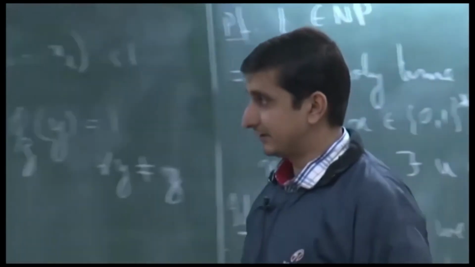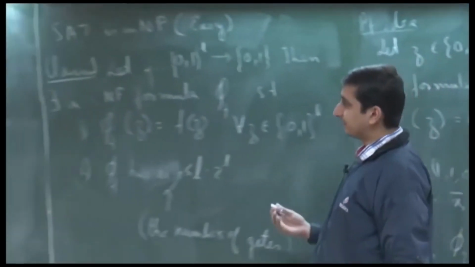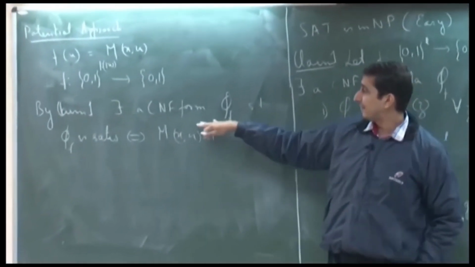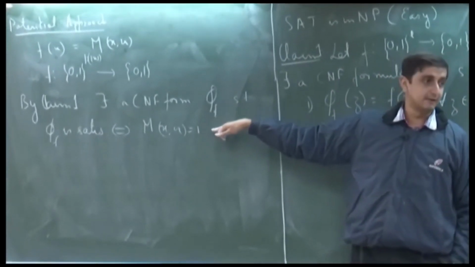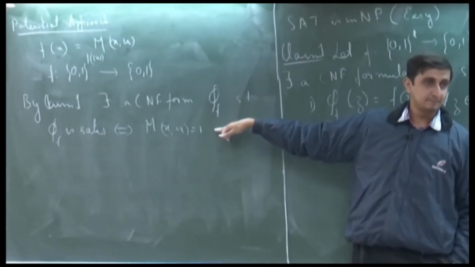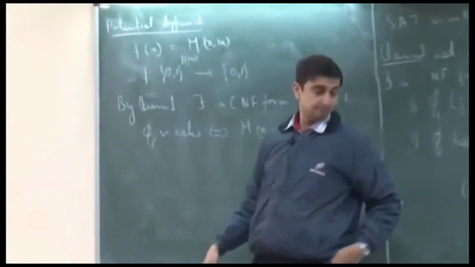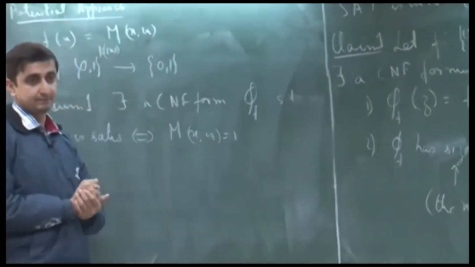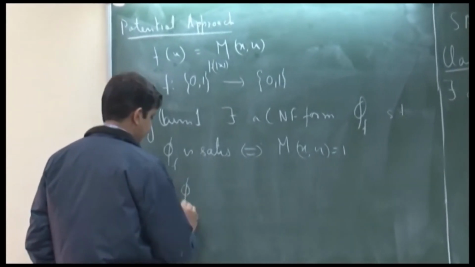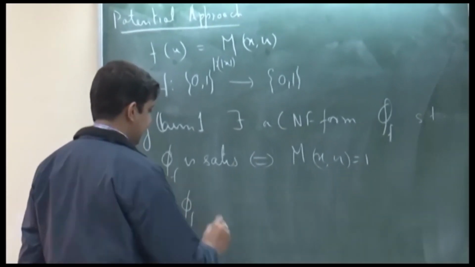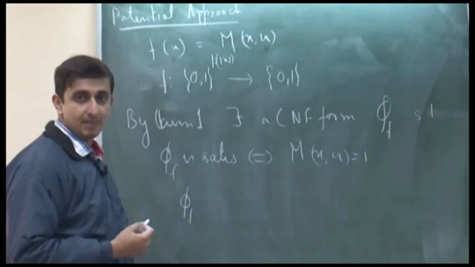So, it will take exponential time, and the reason for that is that phi of f can have, so what can be the potential size of phi of f? If you just see what the claim says. So, phi of f potentially can have size how large?